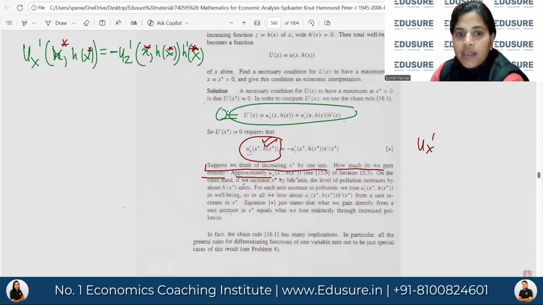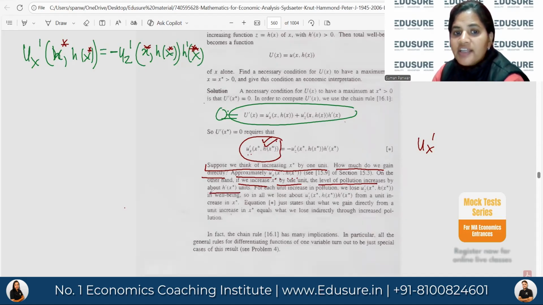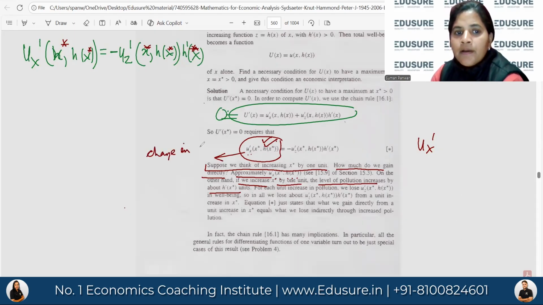If we increase x star by 1 unit, the level of pollution increases by about h dash x star units. So basically this is change in well-being, and this is change in pollution.